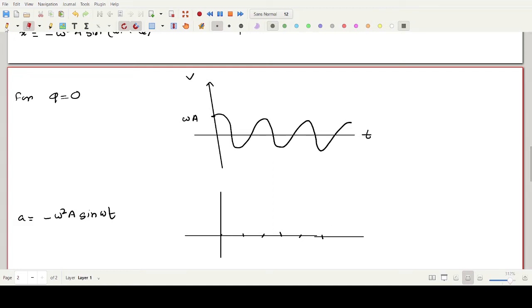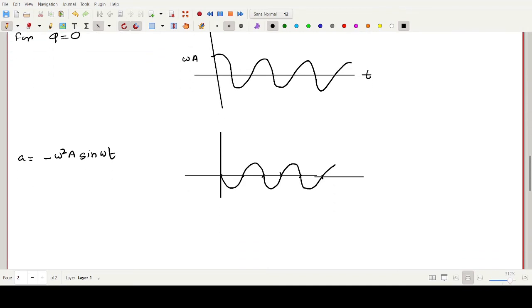If omega t equals pi by 2, then this is omega square A. And this is pi by 2, this is pi, where is 0? This is 3 pi by 2.